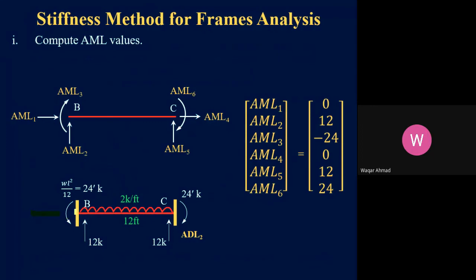There is no axial force here. And similarly, you can get your AML2 value. Why 12 kip? Why positive? Because this is upward. Similarly, your AML3 value, AML4 value, which is 0, AML5 value, and AML6 value. You can get from this one.